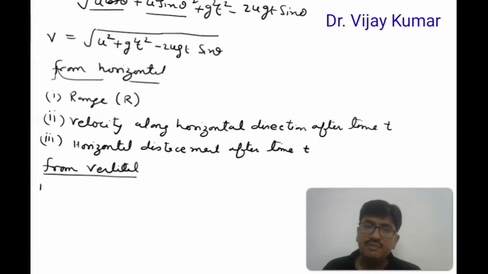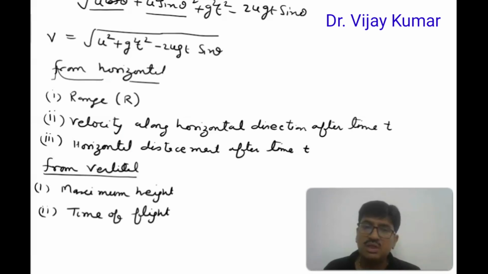Number one, the maximum height. Second, the time of flight. This is the second component in the vertical direction which we will determine. Third, the time taken to reach maximum height.